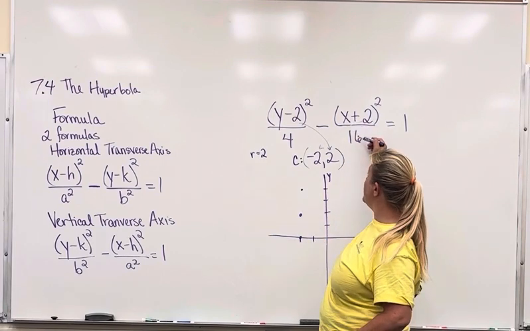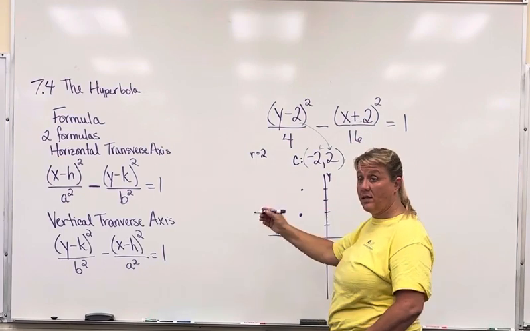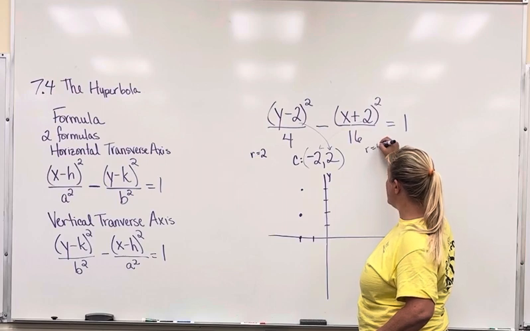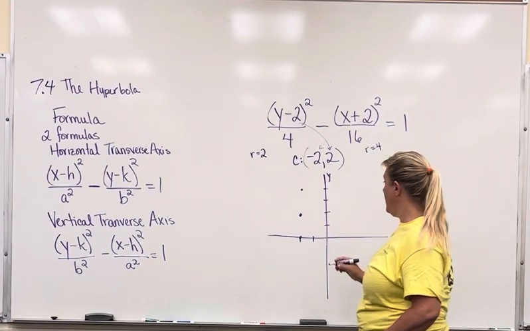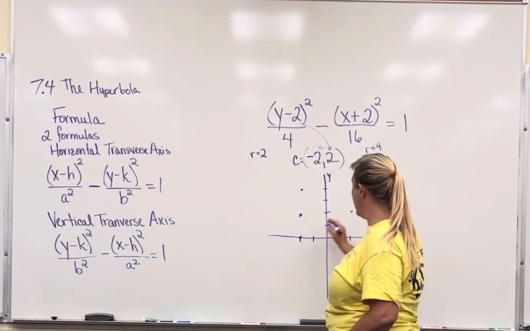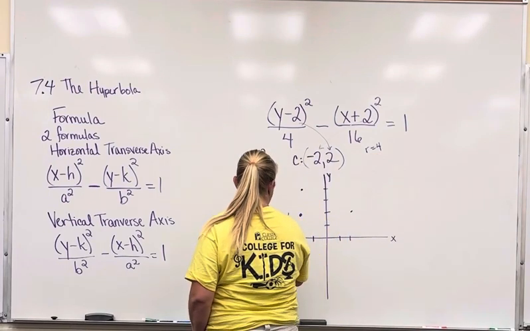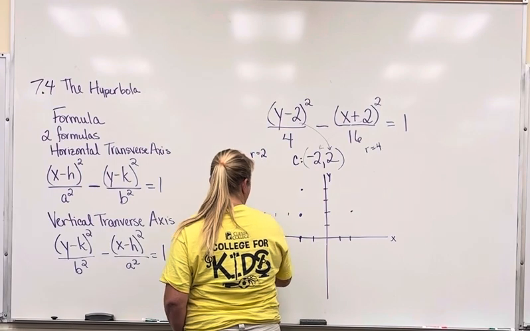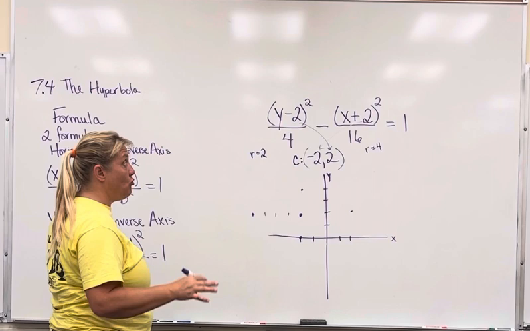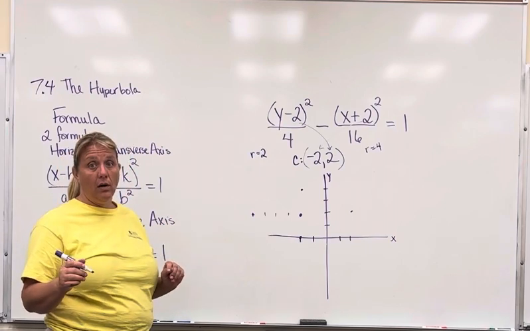And then this one is underneath the x, so this is the horizontal, and it tells us that we're going to go horizontally 4, right? So we're going to go 1, 2, 3, 4 this way, and 1, 2, 3, 4 this way. Now, we are not going right in and drawing our hyperbola yet.